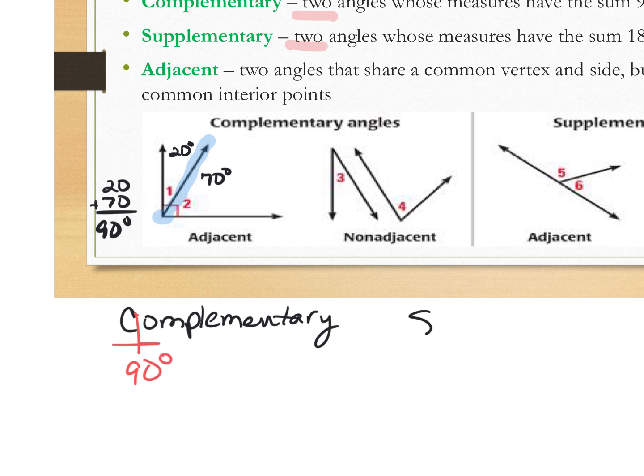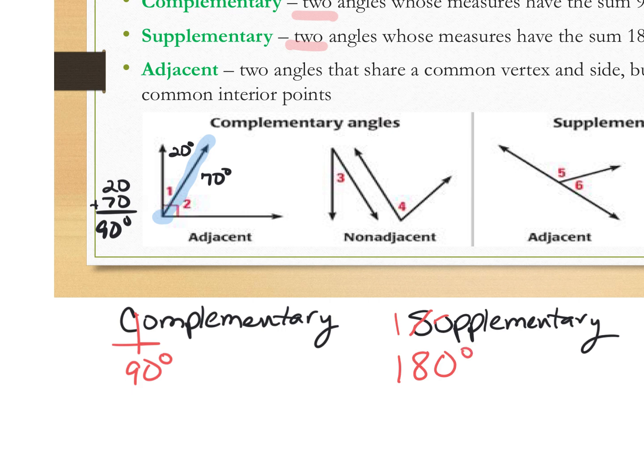And then for supplementary, if I take the S and I put a line down diagonally like this, that sort of looks like I just made that into an 8. And then you could close up the U and then add a 1 there. That would be your sum to 180.